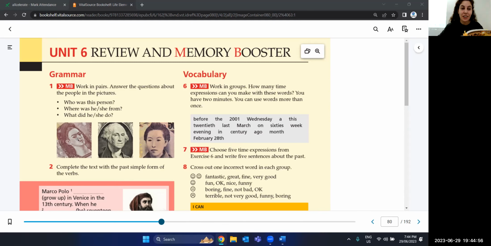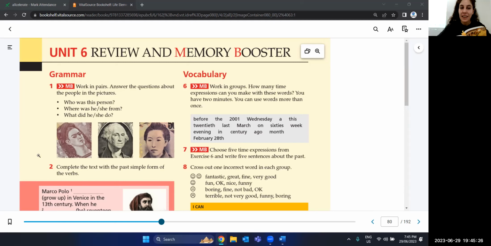Frida Kahlo is the first one. Where was she from? Mexico. What did she do? She was a painter. We use the verb to be, was or were, when we talk about the past because she's not alive anymore. So her name was Frida Kahlo. She was from Mexico and she was a painter.